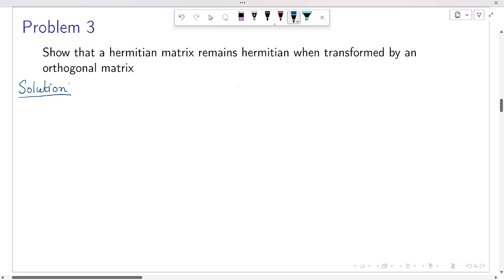Okay, let H be a Hermitian matrix and A be an orthogonal matrix.